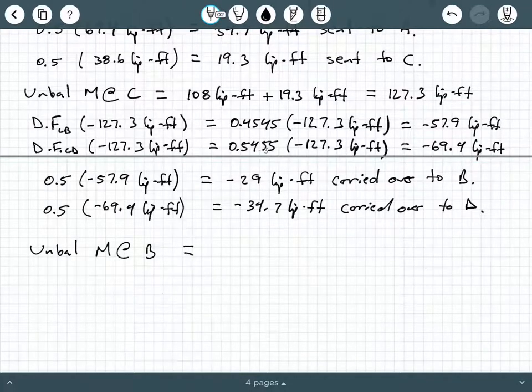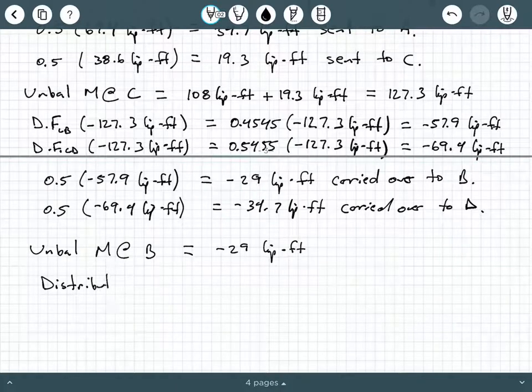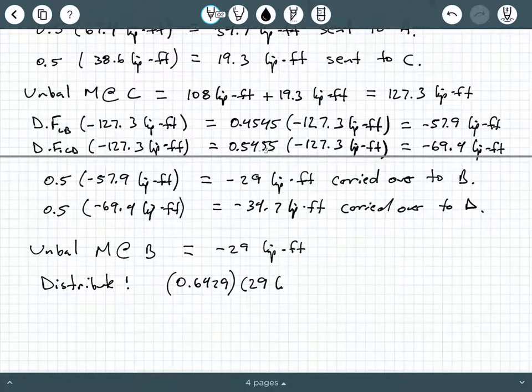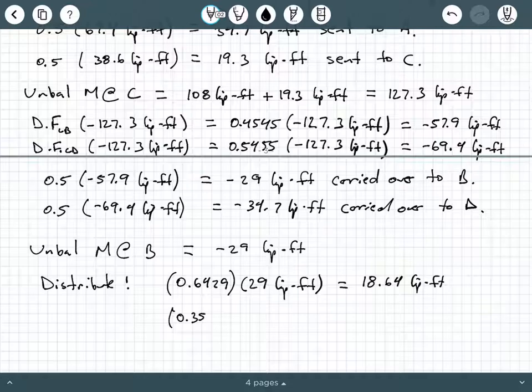So we have an unbalanced moment at B, and this is equal to negative 29 kip feet. So when we distribute, we're going to distribute 0.6429 times positive 29 kip feet, and that's 18.64 kip feet.